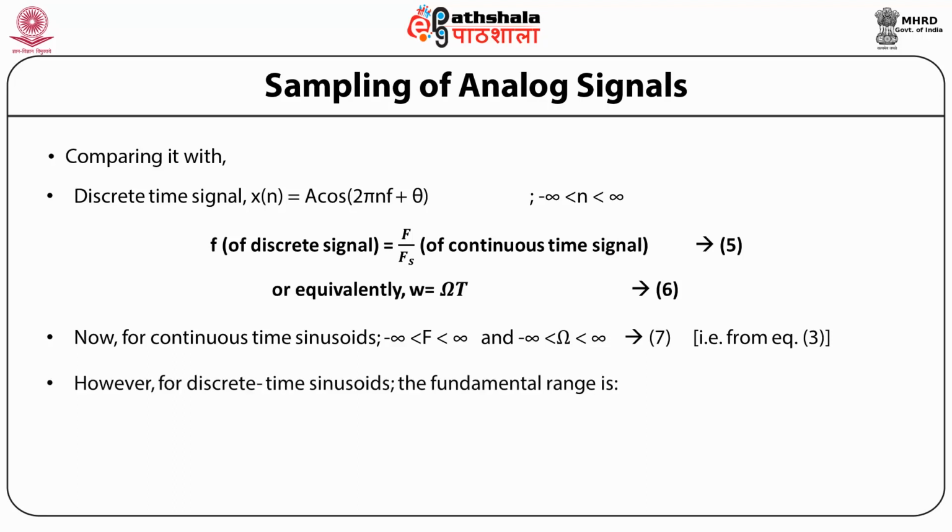However, for discrete time sinusoids, the fundamental range is omega varying from minus pi to plus pi, and small f varying from minus half to plus half.